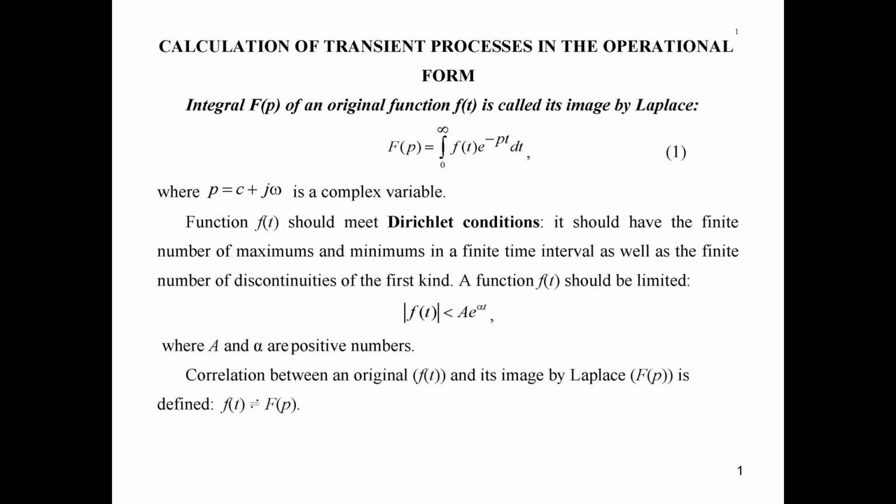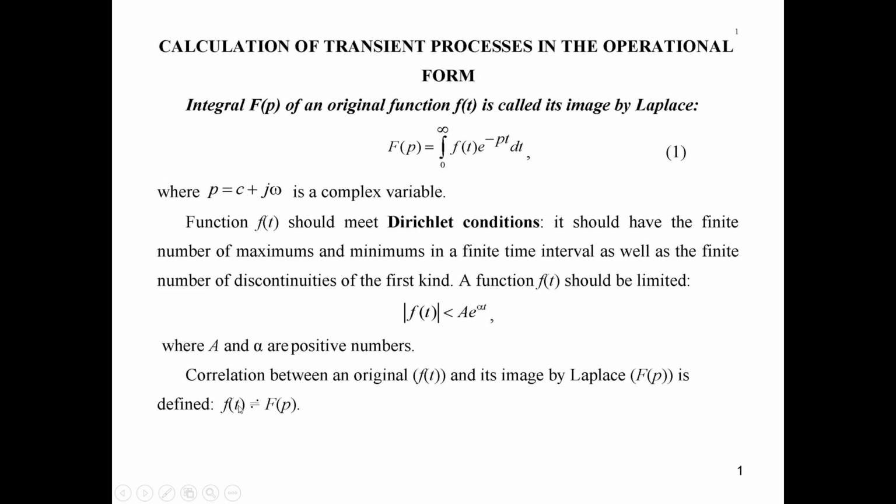And the correlation between the original, its function from time f from t, and its image by Laplace, capital letter F from p, is designated in such a way. You see, it's a sign of equality, but with these two dots it means that these functions are not equal to each other, but it is a function from time and its corresponding Laplace image.